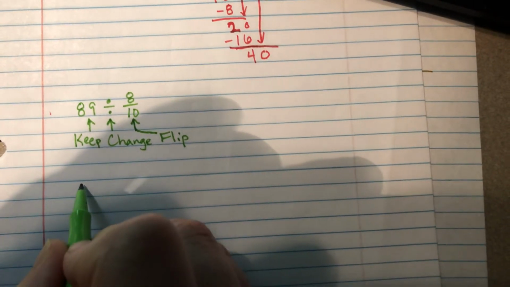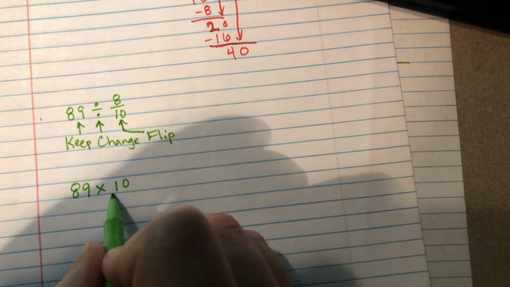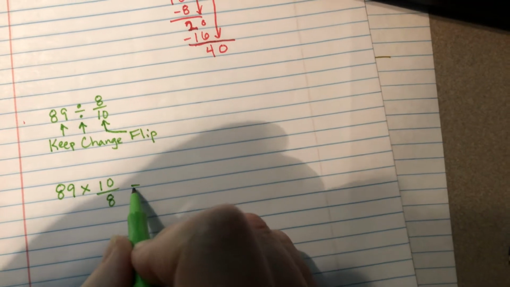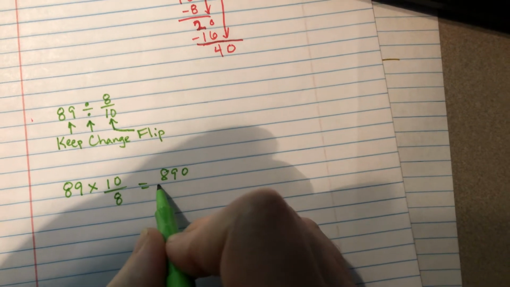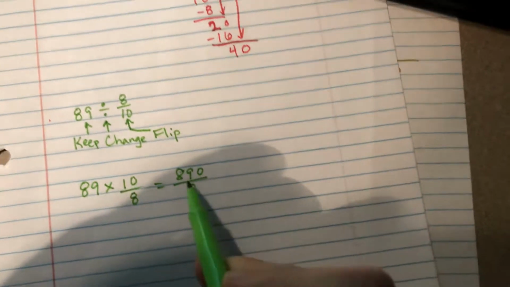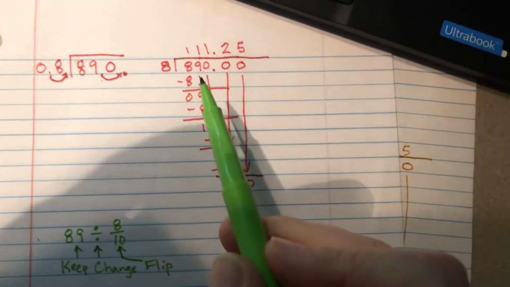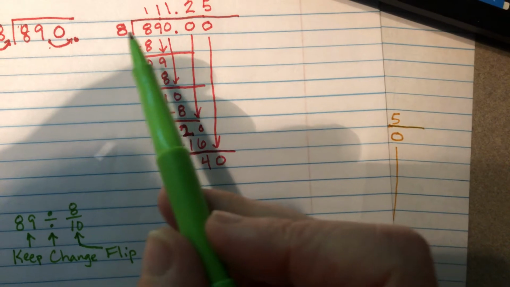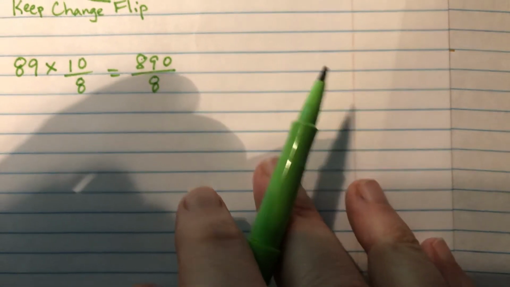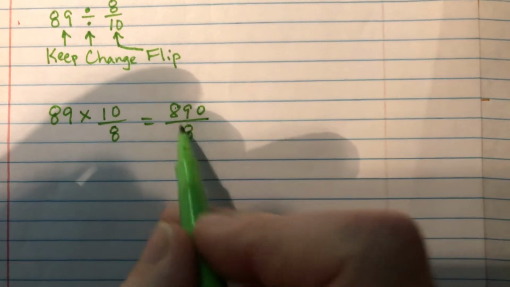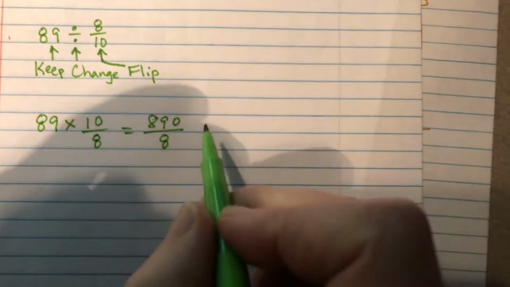89 times 10 over 8. What do you get? Well, 89 times 10 is 890 over 8, or 890 eighths, or 890 divided by 8. Notice, 890 divided by 8. See why it works? And now you could just divide this as an improper fraction and work it out that way.